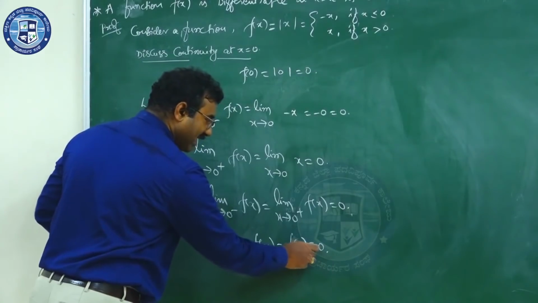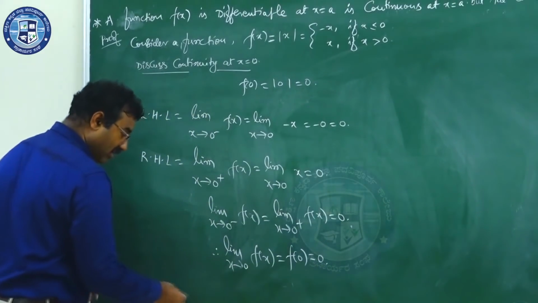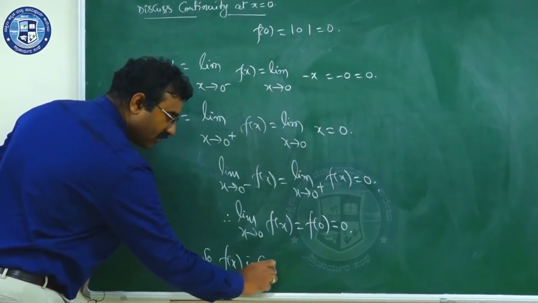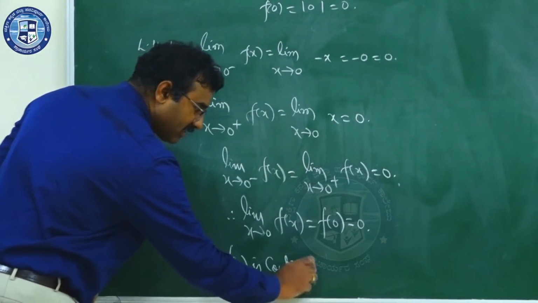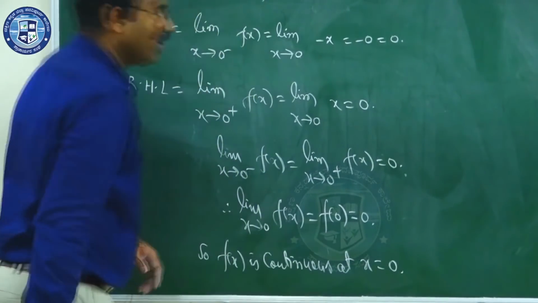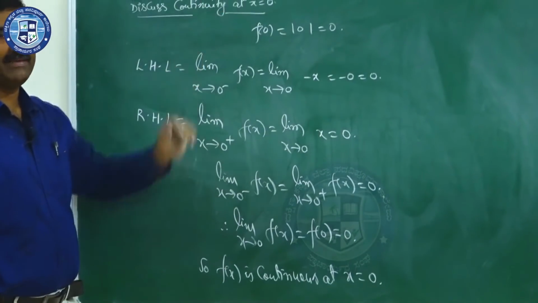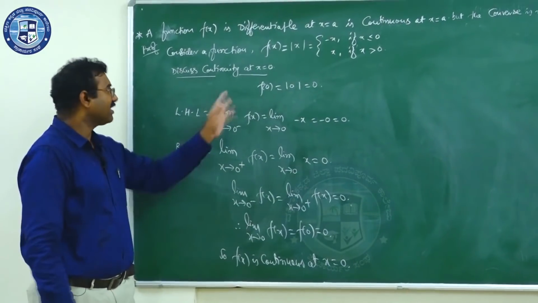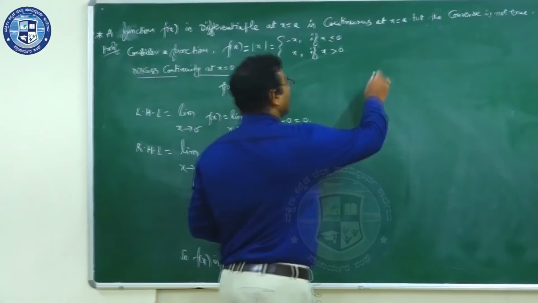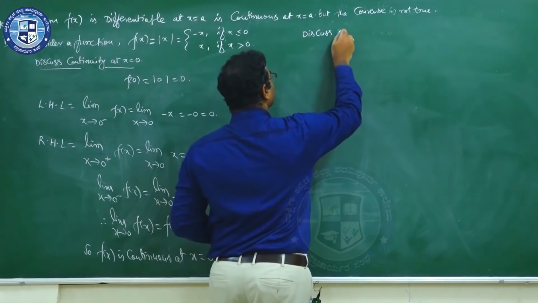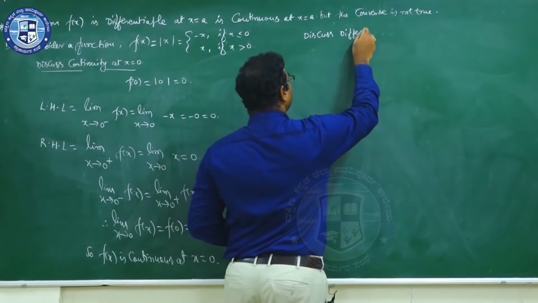So what can we conclude now? f(x) is continuous at x equal to 0. Now we will discuss, for the same function, differentiability at x equal to 0.